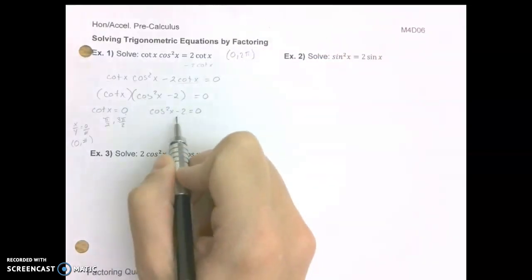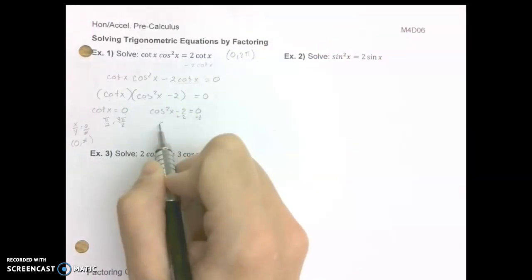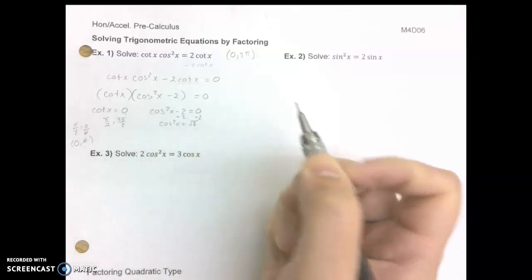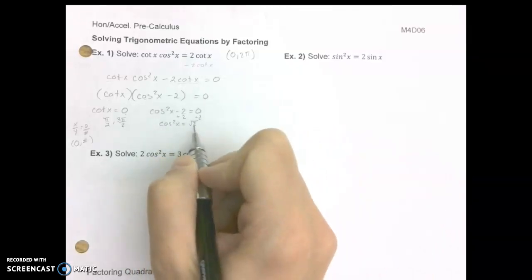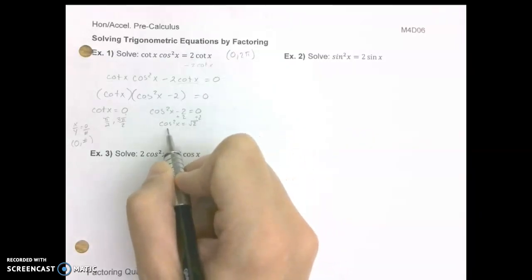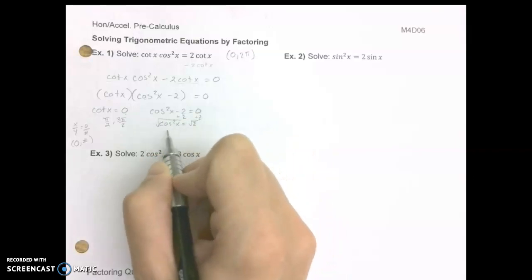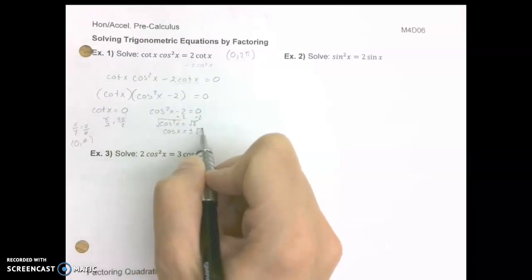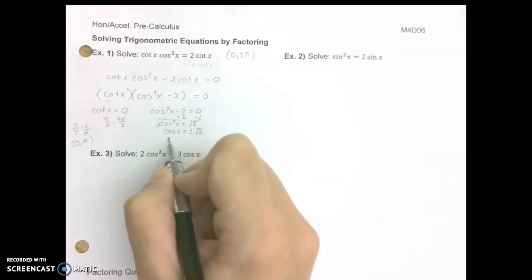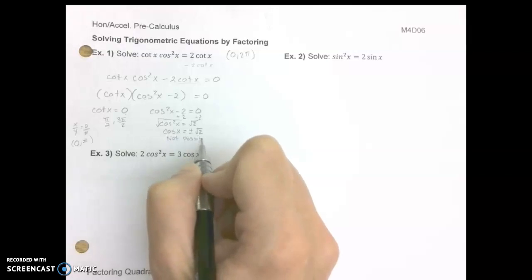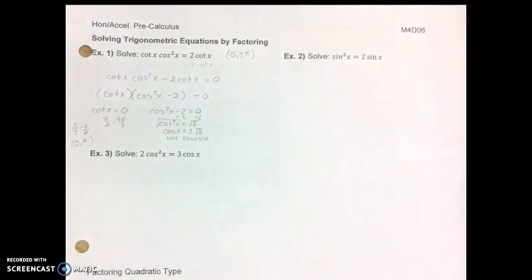Okay, and then here I would add 2. I would say the cosine squared of x is equal to 2, so cosine of x is plus or minus the square root of 2, and the square root of 2 is actually 1 point something. So when I find the cosine of some angle being plus or minus the square root of 2, it's actually not possible.